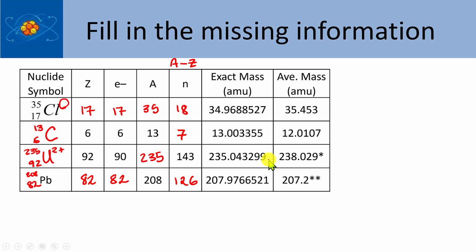So when you think about uranium, we often think, when we look at the periodic table, that this is the mass of uranium, the average atomic mass or whatever. But this is actually usually the mass of the most stable isotope.